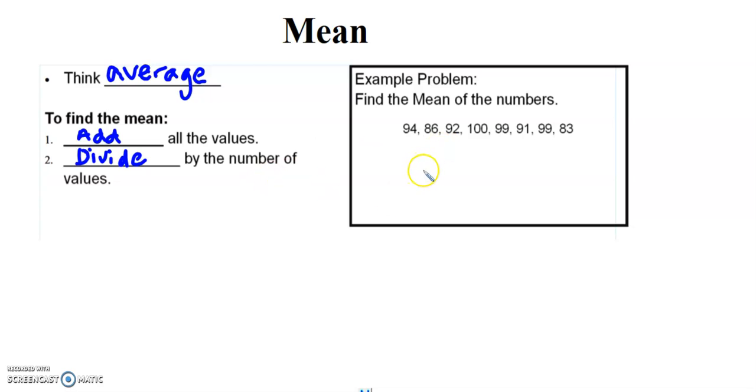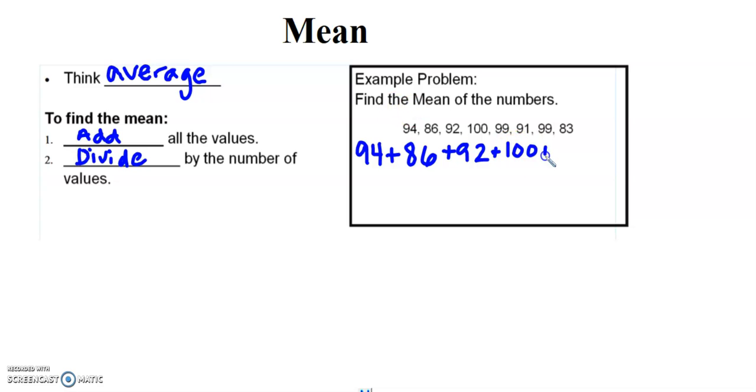So we have the numbers 94, 86, 92, 100, 99, 91, 99, and 83. What I want you to do is type all of these numbers in the calculator and we're going to add them. So we're going to do 94 plus 86 plus 92.